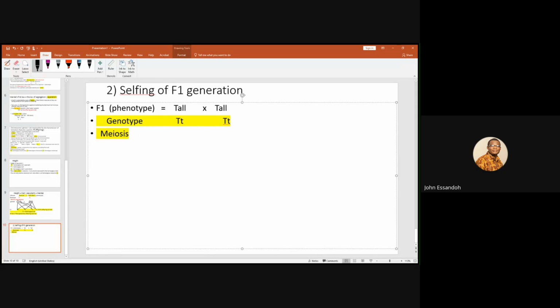When meiosis occurs, we get capital T, small t, crossing with capital T, small t. So this will give us the gametes.